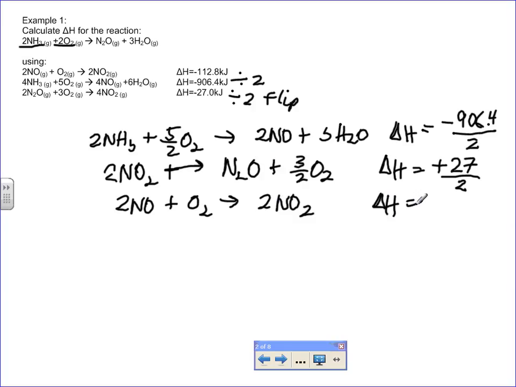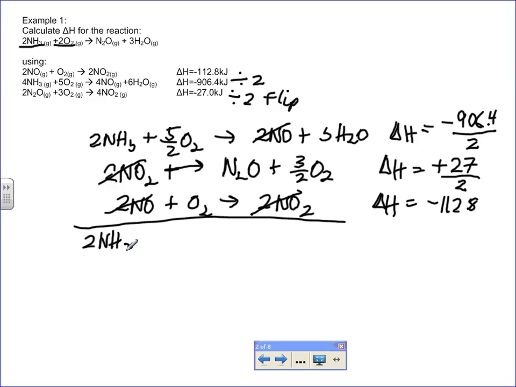So this is one of the more challenging additive reactions involving an extra reaction that's used to cancel things out rather than to actually obtain the reactants and products that you want. Okay, so we can see the 2NOs simplify, the 2NO2s simplify. And the oxygens here, we've got 7 halves on the left-hand side and 3 halves on the right-hand side, which leaves us with the 2 oxygens that we're supposed to have.